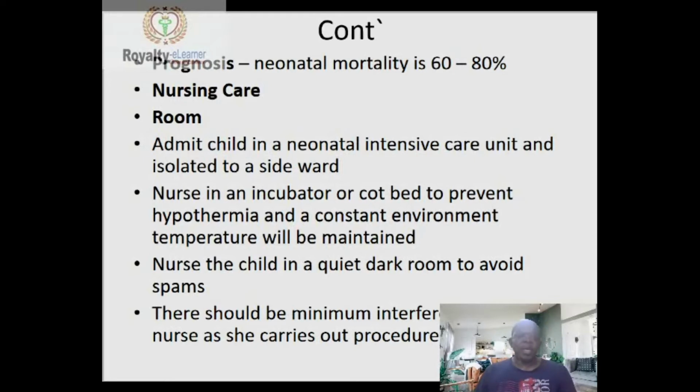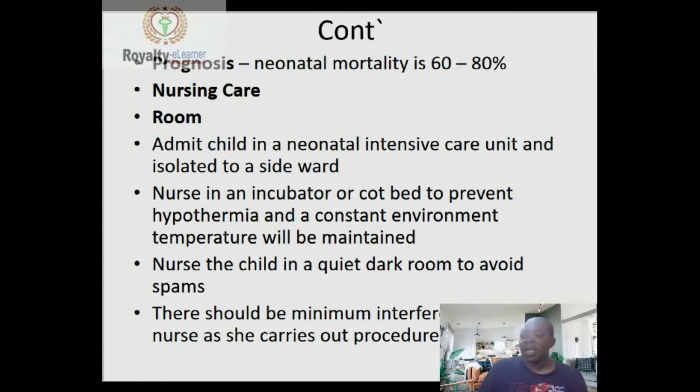Let us look at the environment or the room in which we are going to nurse this patient. We have to admit the child to a neonatal intensive care unit and isolate in a side ward. We have to nurse in an incubator or warm bed to prevent hypothermia, and a constant environmental temperature will be maintained to ensure that the child does not have hypothermia.